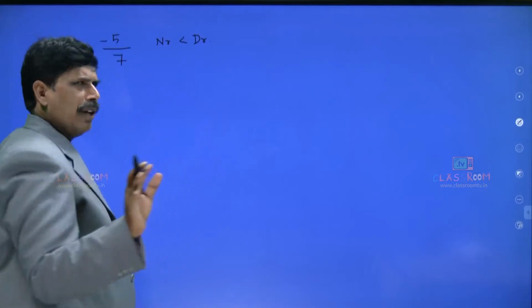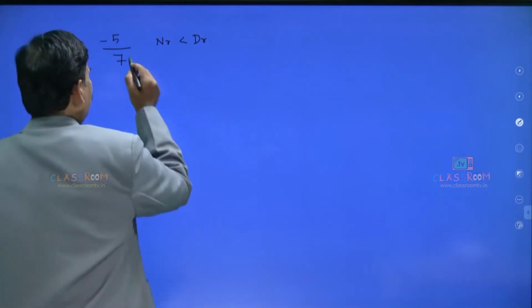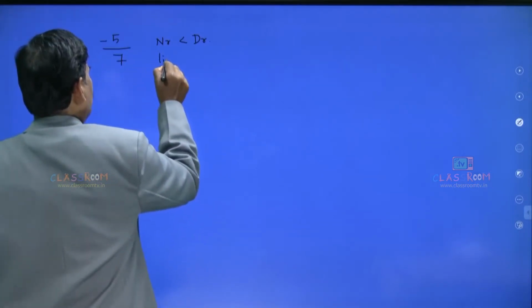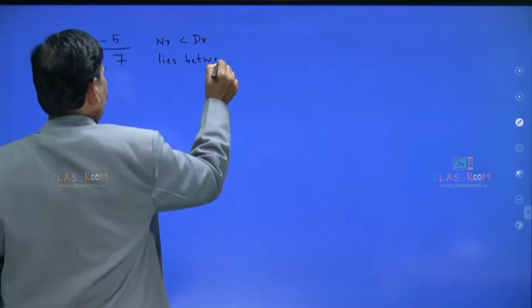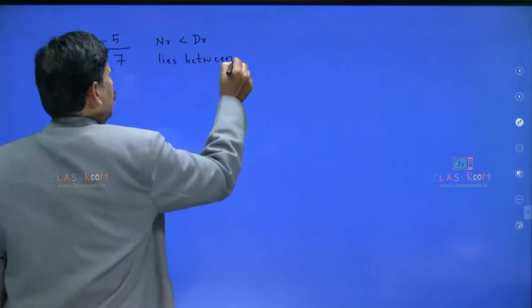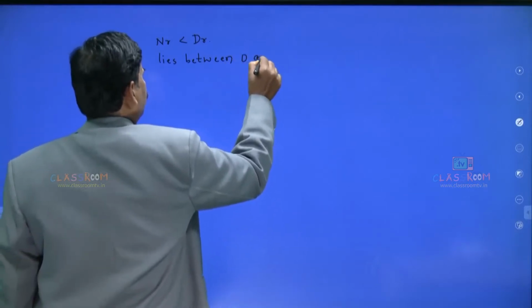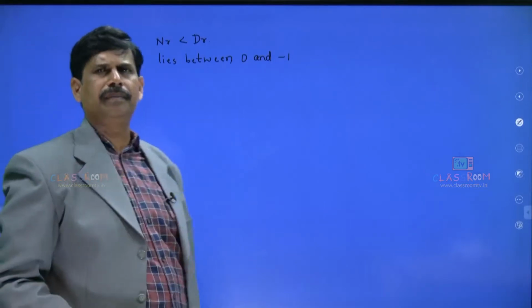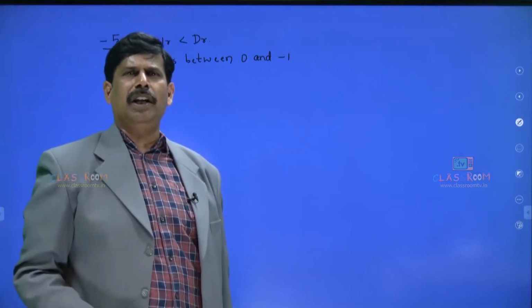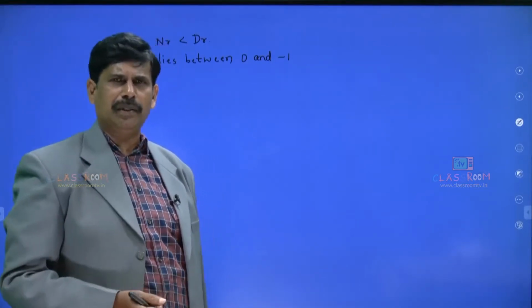Leave the sign for a moment. The value lies between 0 and 1, but here it is negative, so it lies between 0 and minus 1.